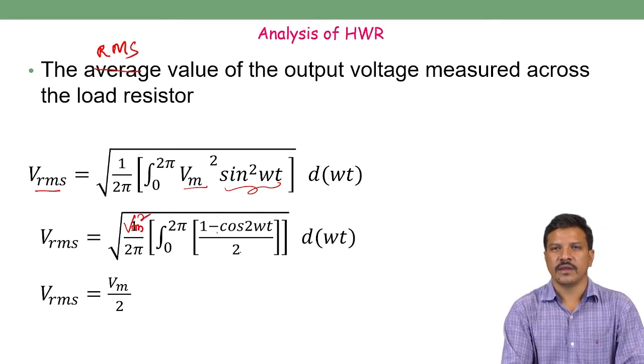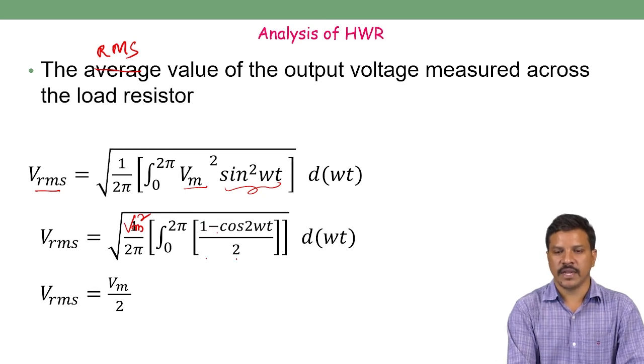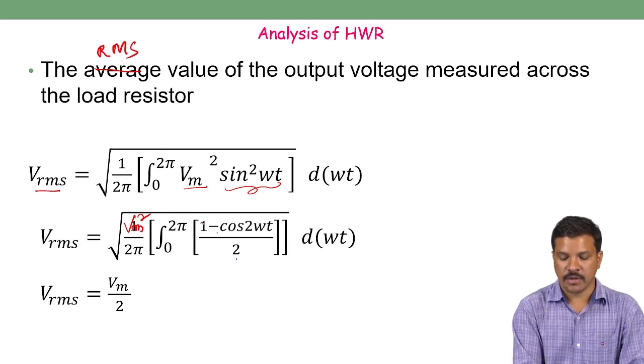Then when we integrate, it has two terms, 1 minus cos 2 omega t by 2. The first term is the integral of 1 by 2. 1 by 2 is a constant, so we get omega t and apply the limits 0 to 2 pi.